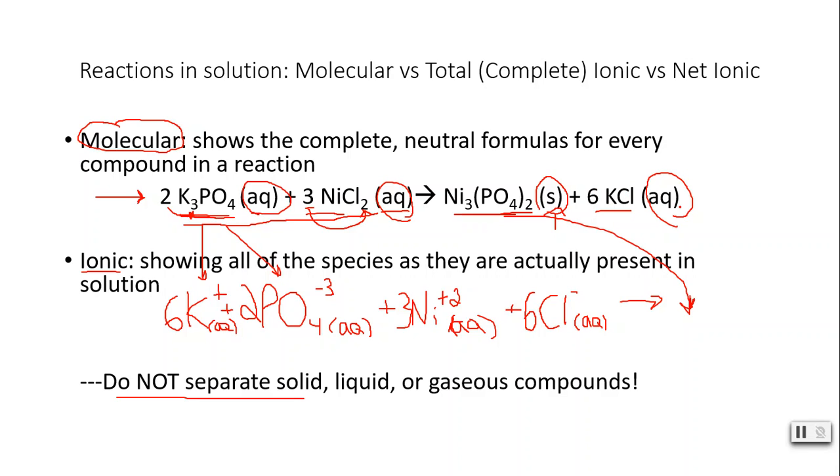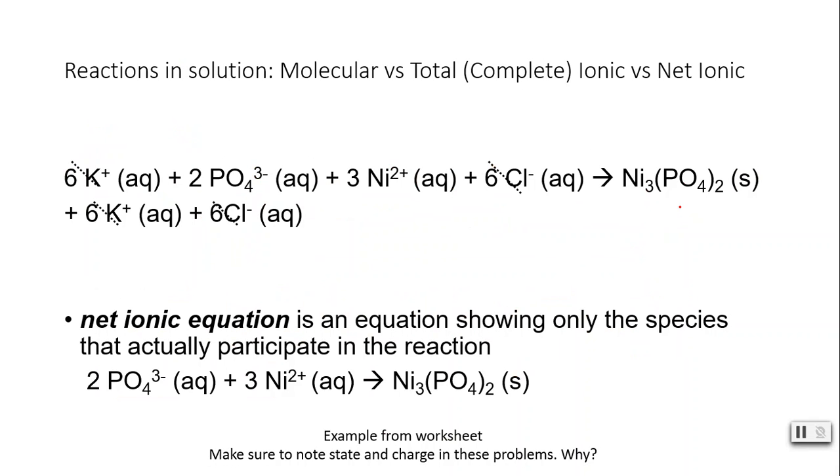So what I just said there verbally is probably better shown right here, typed out. So this would be the total ionic equation from that previous molecular equation. And basically, what does that do? That shows the species that are actually swimming around in solution in your beaker when doing this reaction.